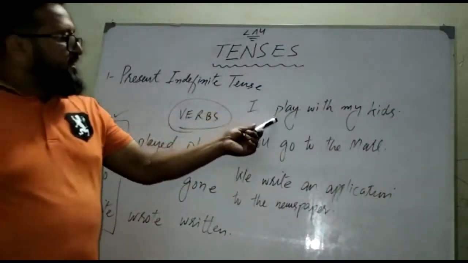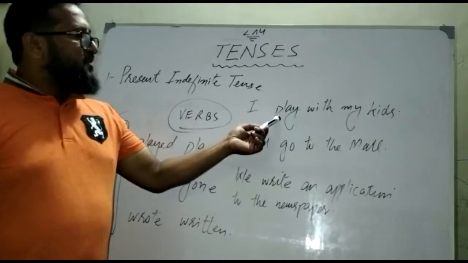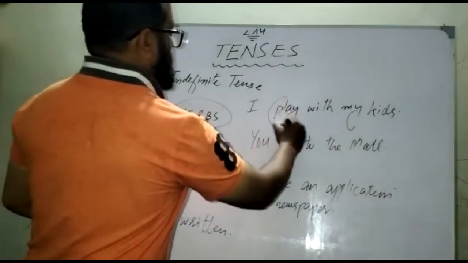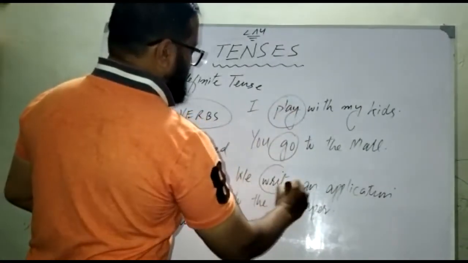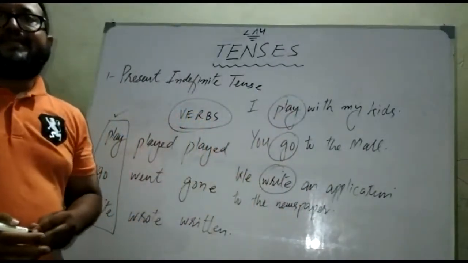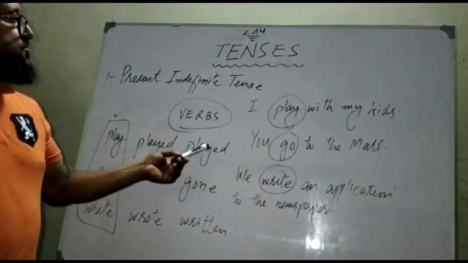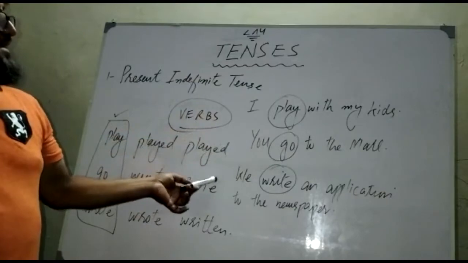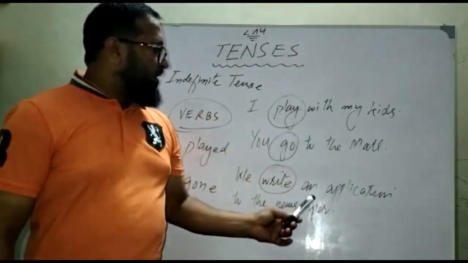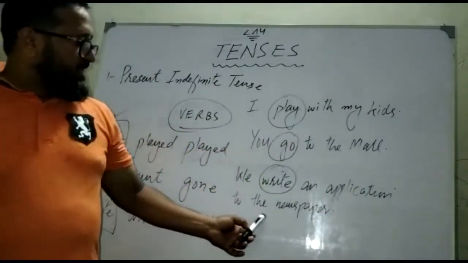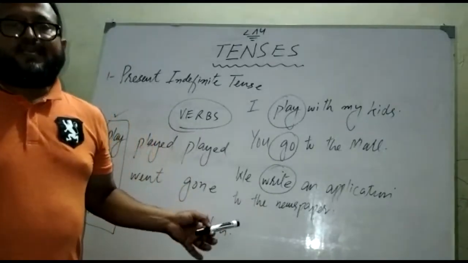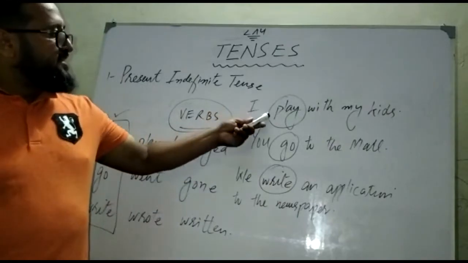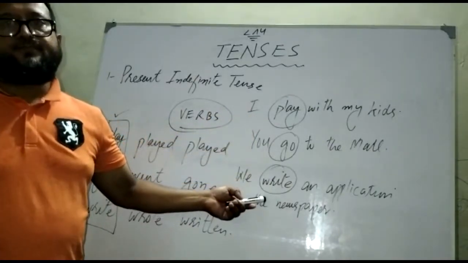So here you see we write the first form. We make use of the first form of verb: play, go and write. So these things contribute to the present indefinite tense. Nothing, I, you, we will remain the same. With my kids to the mall, an application to the newspaper, these things will remain the same in all the rest of the 12 tenses. Only one thing will change, and that is the verb, the form of verb.